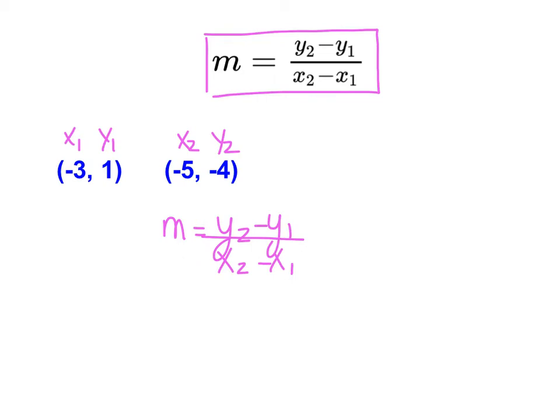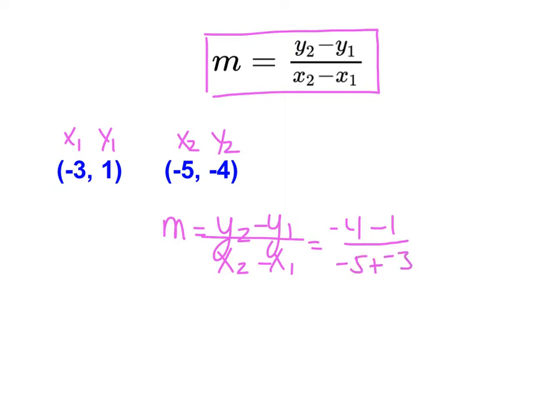All right, so let's start. My value for y2 is negative 4 and y1 is 1. So I have negative 4 minus 1 on the top, and then my value for x2 is negative 5, x1 is negative 3, so I have negative 5 minus negative 3.